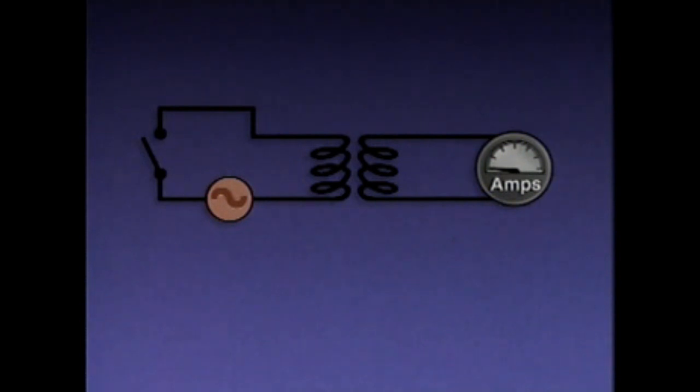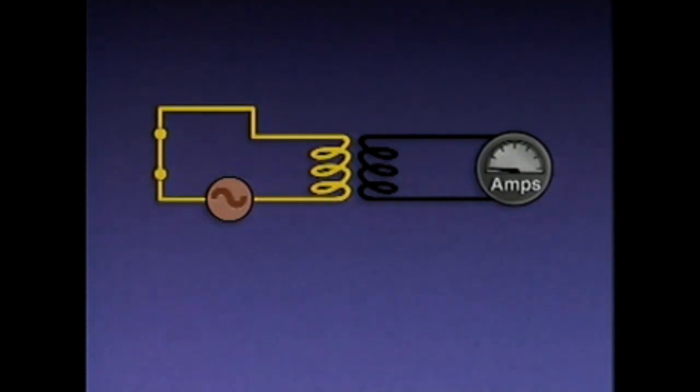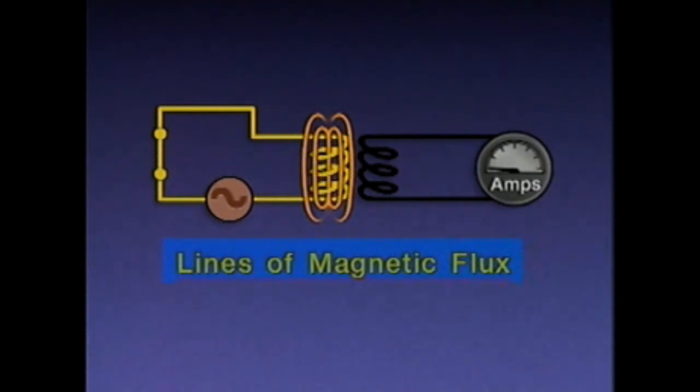During operation, the switch is closed to energize the primary side of the circuit. This causes current to flow from the AC power supply through the switch and the primary winding of the transformer and back to the power supply. As current flows through the primary winding, a magnetic field develops around the winding. The magnetic field is represented here by a series of lines called lines of magnetic flux.